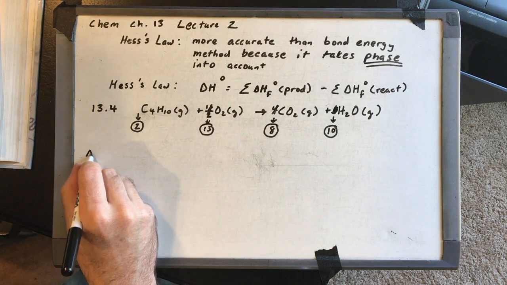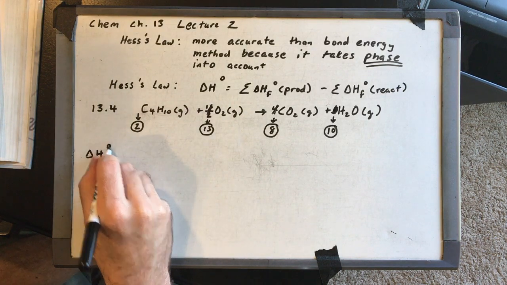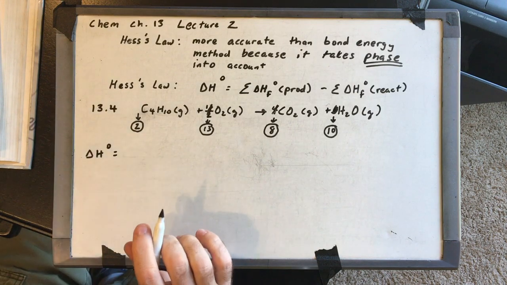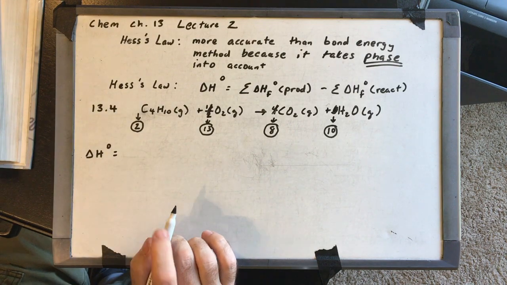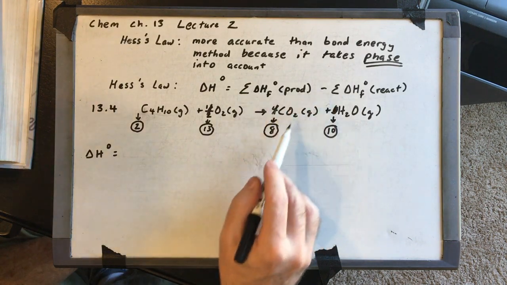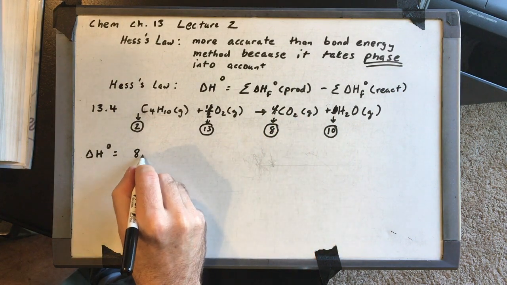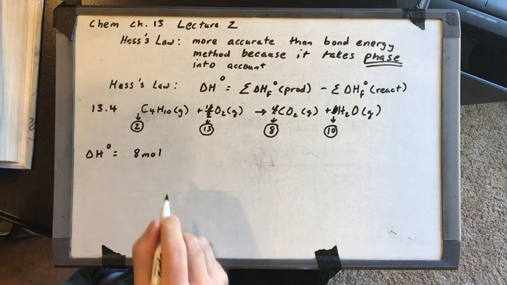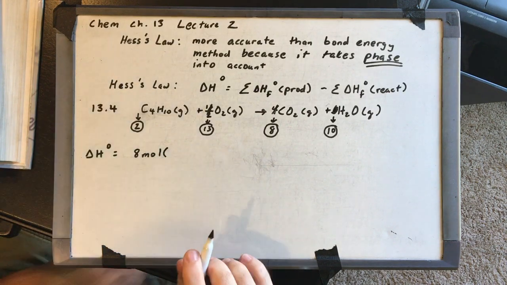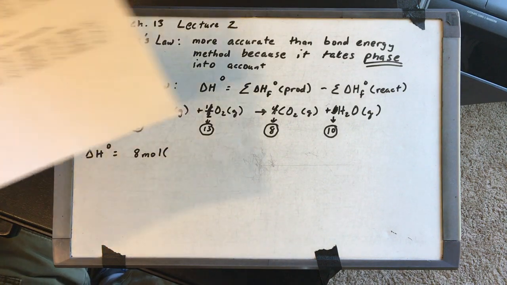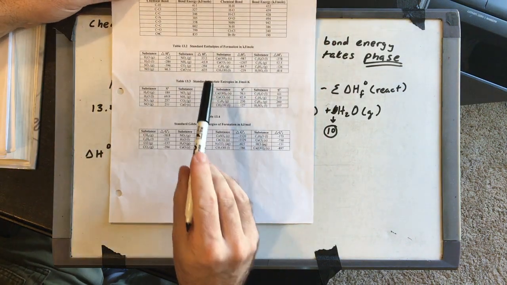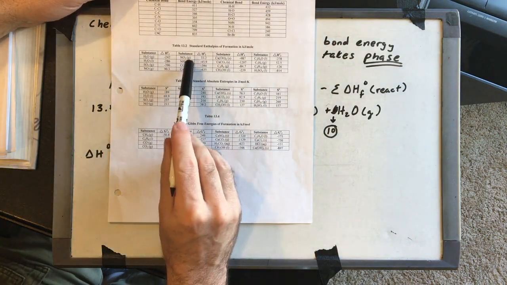So we'll go straight into getting delta H using table 2. And this time it's products minus reactants. So we have our first product, CO2, we have 8 moles of that. I don't need the Lewis structure, just need to go straight to the table. So for this first one, where is CO2 gas? Well, it's right here.